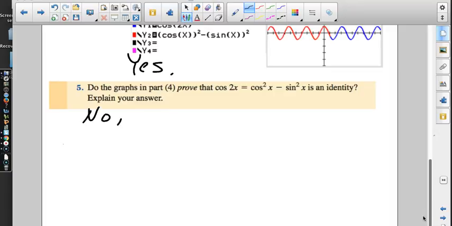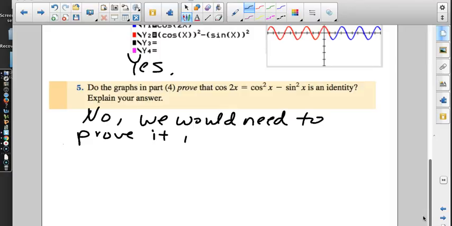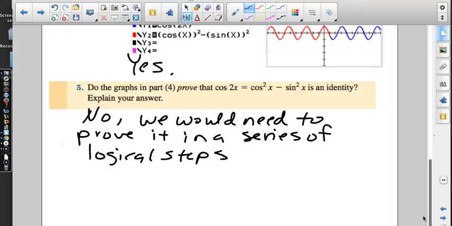We would have to actually go through the steps of proving it with a formal proof, in a series of logical steps. That's what a proof does. It shows the logical steps coming from your initial statement, called usually a conditional, down to your conclusion. Logical mathematical steps that you can see.